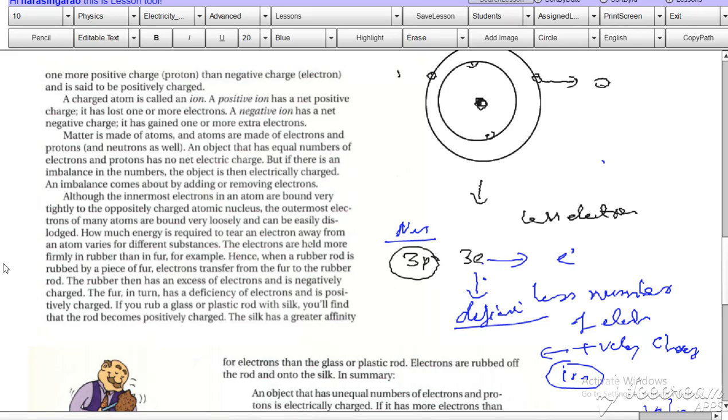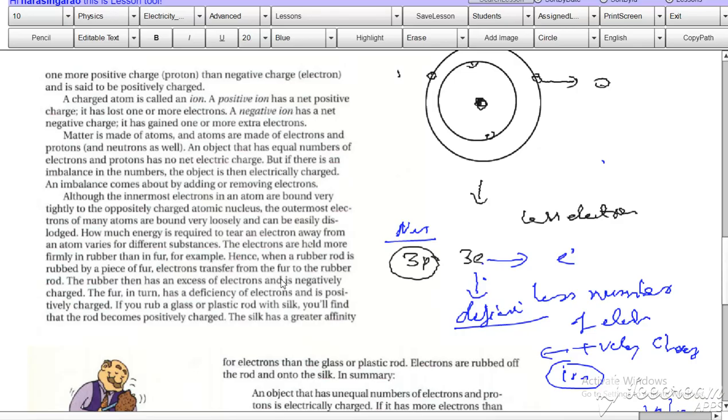How much energy is required to tear an electron away from an atom varies for different substances. The electrons are held more firmly in rubber than in fur. Electrons held more firmly means they are tightly bound in rubber compared to fur. For example, when a rubber rod is rubbed with a piece of fur, electrons transfer from the fur to the rubber rod.